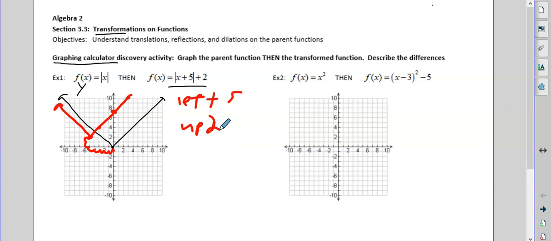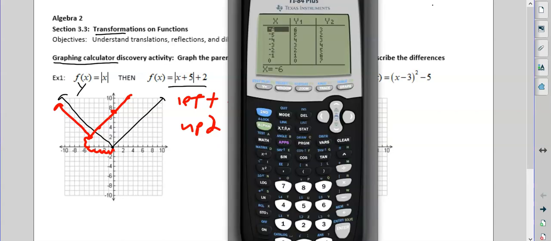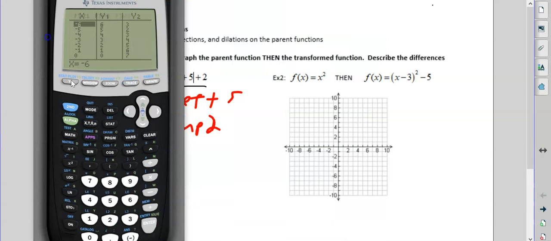Okay? So, on number 2, y equals x squared. We're going to clear that out. X squared. Oops. X squared. Clear this out. I'm just going to put the other one in at the same time. So parentheses, x minus 3. Close parentheses. Squared.